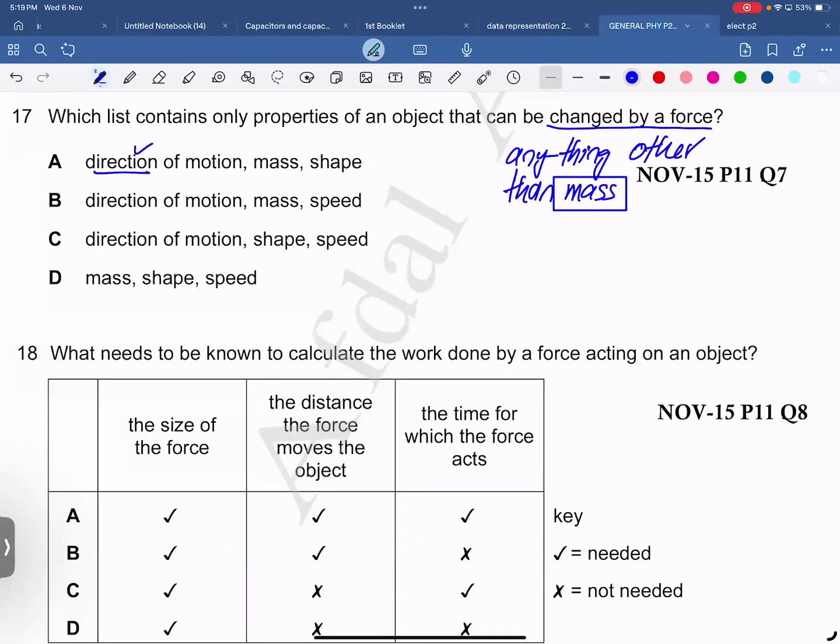So direction, yes. Mass, no. Shape, yes. Speed, yes. Mass, we can't change. So option C, applying force, you can change direction, you can change shape, and you can change speed.